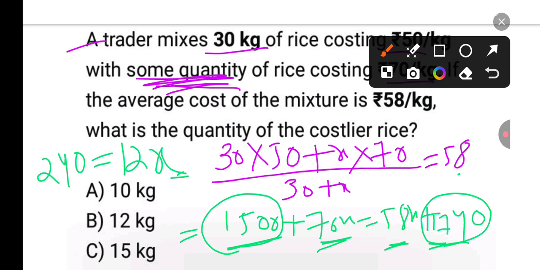Then the value of x equals 20. The value of x equals 20 is the answer.